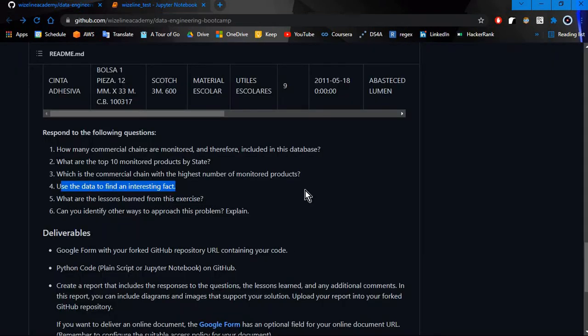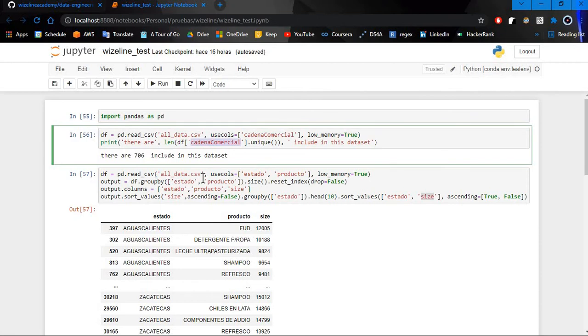The second question is what are the top 10 monitored products by state. I just needed the state and product columns to answer this question. I group by state and product, find the size, and reset the index to get the indexes as columns.